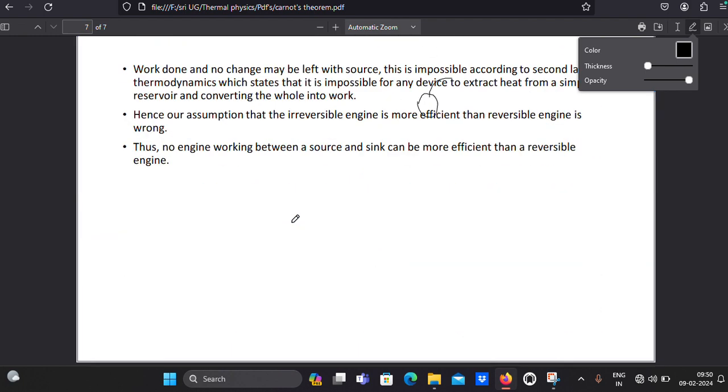Hence our assumption that an irreversible engine is more efficient than a reversible engine is wrong. Thus, no engine working between the source and sink can be more efficient than a reversible engine. Anything working between the source and sink is not more efficient than this one. They are always less efficient.